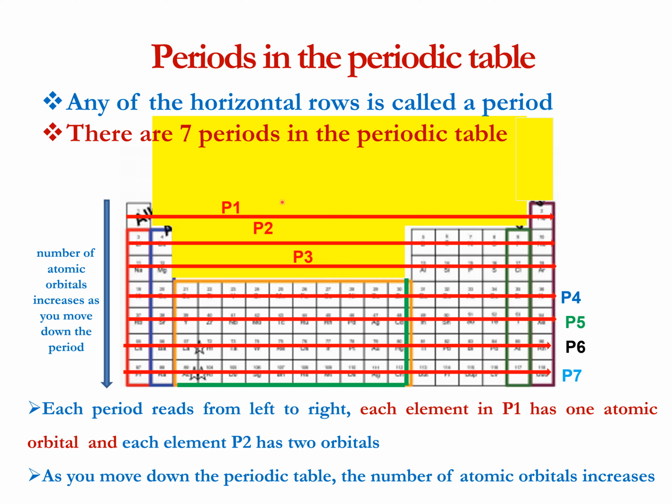Each element in period 1 has 1 atomic orbital, and each element in period 2 has 2 atomic orbitals. Each element in period 3 has 3 atomic orbitals, and so on. So as you move down the periodic table, the number of atomic orbitals increases.